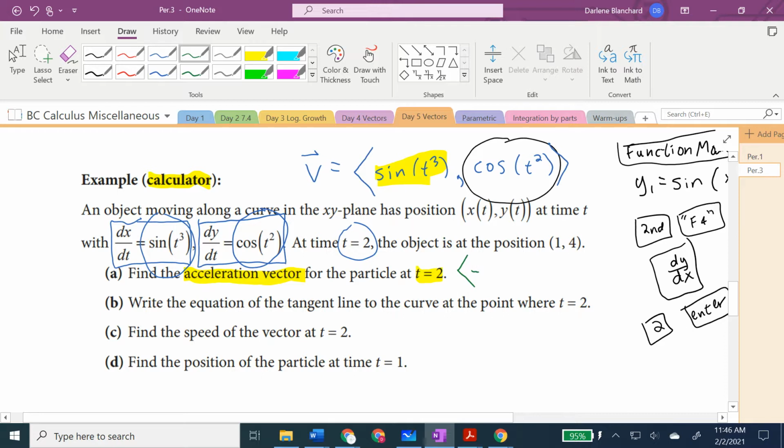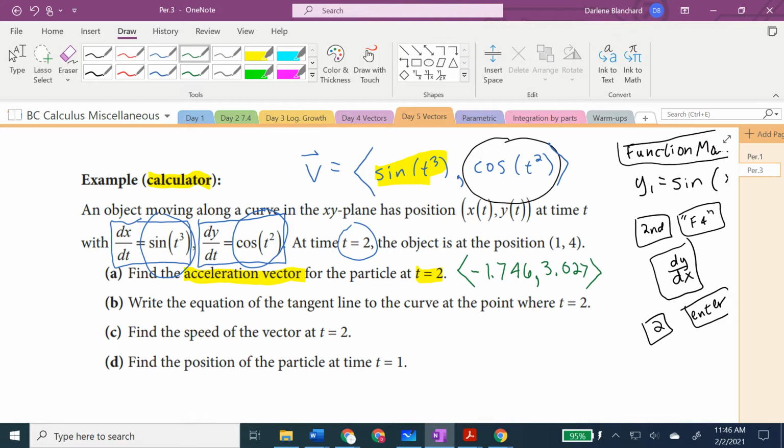And I just need someone to agree that that's what they got, and I feel confident. 1.746. And excellent. 3.027. So that's part A and how to use your calculator to do it.